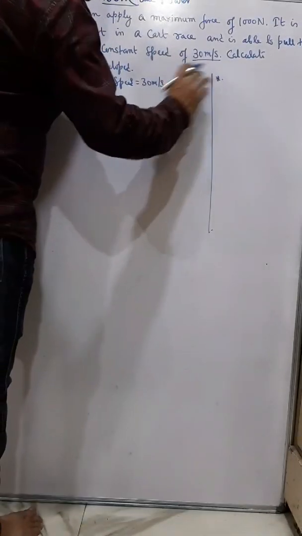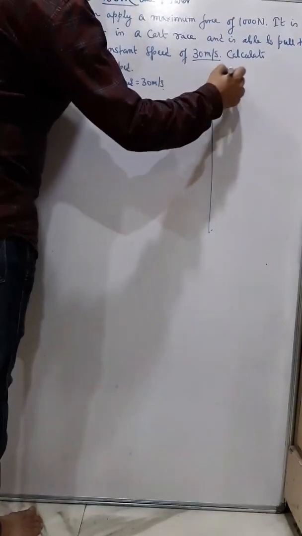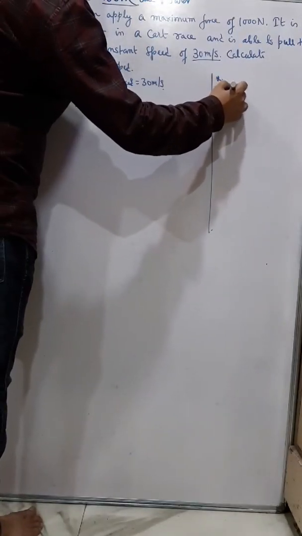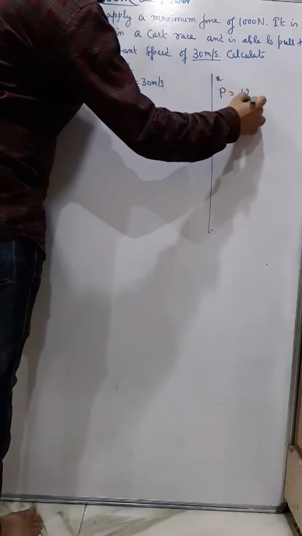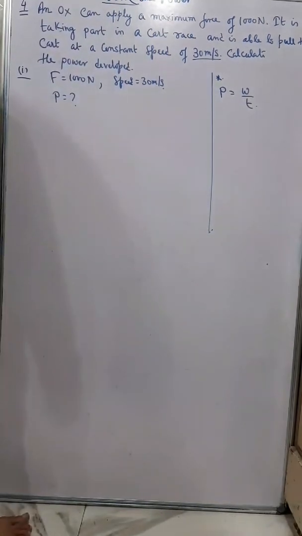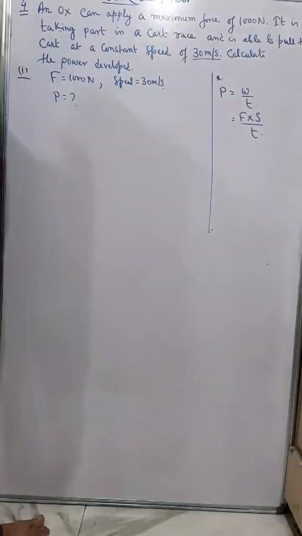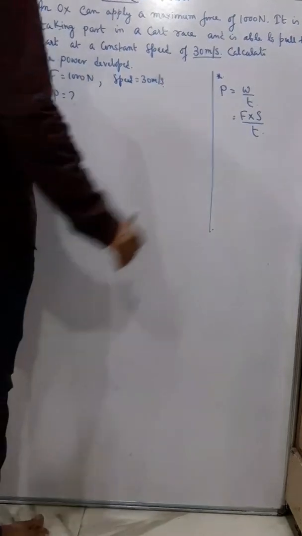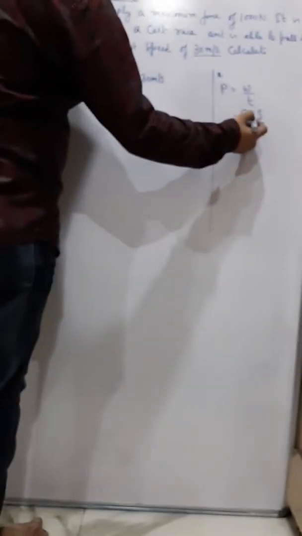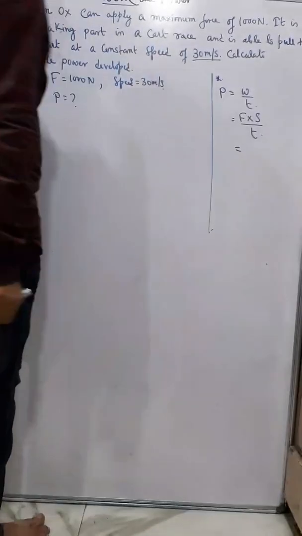Now for this sum we have to understand this derivation first. Okay, now you know that power is equal to work done by time, and work means force into displacement by time, force into displacement or force into distance traveled by a body.